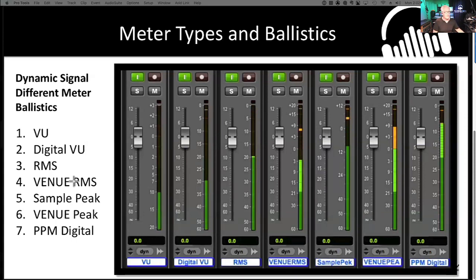I think, though I don't know this for sure because I haven't dug in to investigate it, most digital consoles today have a hybrid of RMS and peak metering. That's really the most powerful thing you can have going on. But you've got to know, and I'm going to show you why you need to know right here. I'm going to give you a really golden example of it.